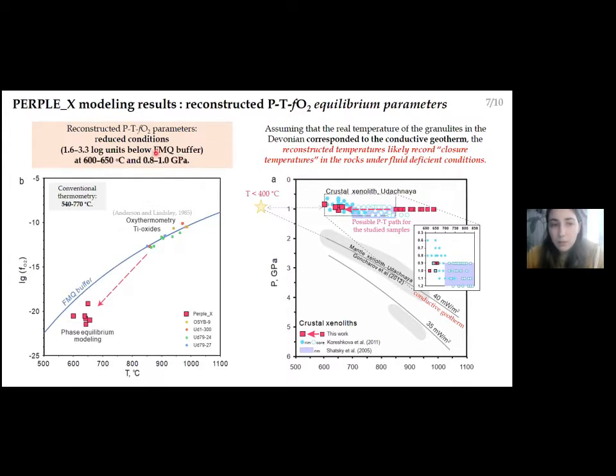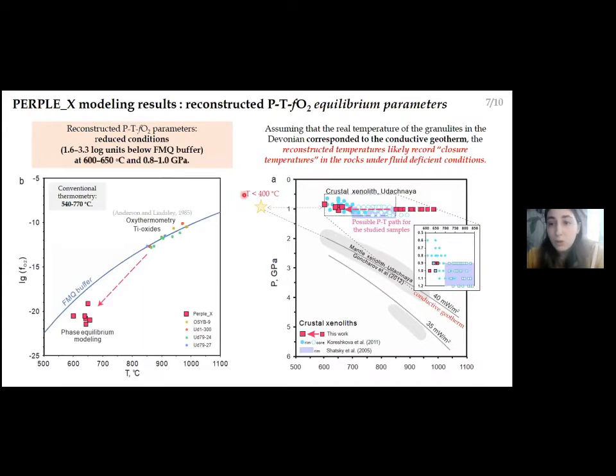These parameters could be interpreted as a record of the Devonian paleogeotherm, but in this case these values should correspond with the conductive geotherm reconstructed from data of mantle xenoliths. But if we look at this pressure-temperature plot and extend this line to lower crustal xenolith conditions, we will see much colder temperatures, under 400 degrees Celsius.